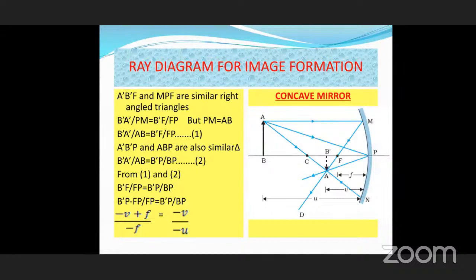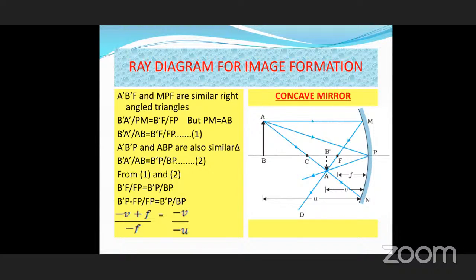And here AB is an object. Whenever an object is placed before a concave or convex mirror, its distance is considered as u. u is the object distance shown here at the bottom.